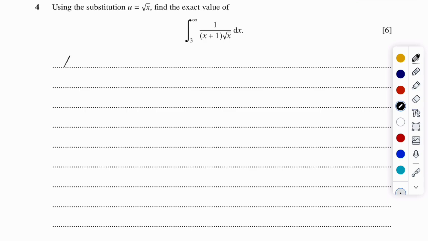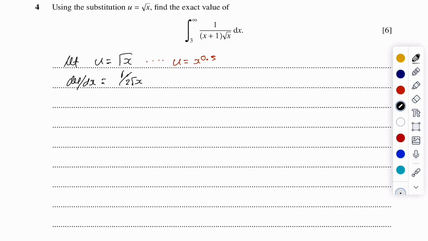Okay, so if we say let u equal root x, right? That's the same thing as saying x to a half, right? And so we can say that du by dx is going to equal 1 over 2 root x.